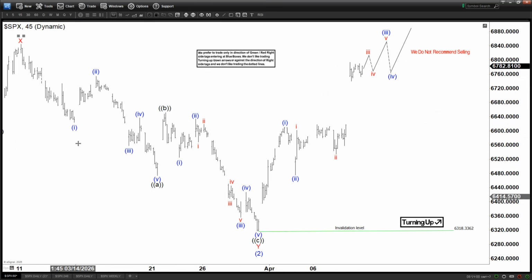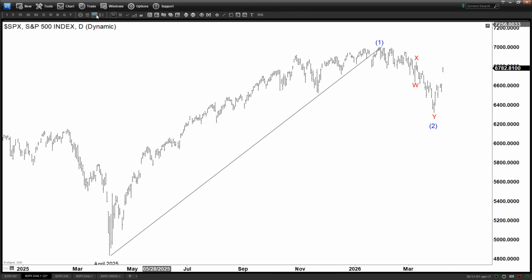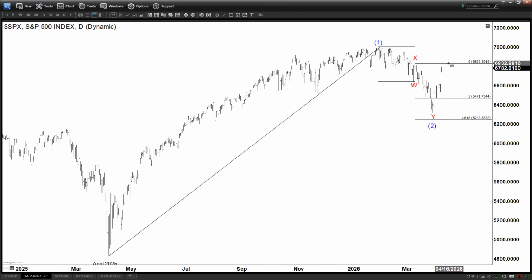I'm just copying the X and the Y and the W here on the daily time frame. It has a decent probability to get some sort of reaction when you are trading in the right area. So like this WXY, this one is the 100% extension area. Okay, and then once it reaches here, it bounces, starts to rally.